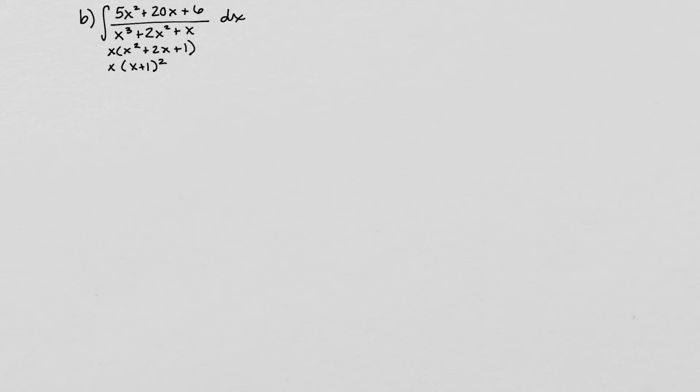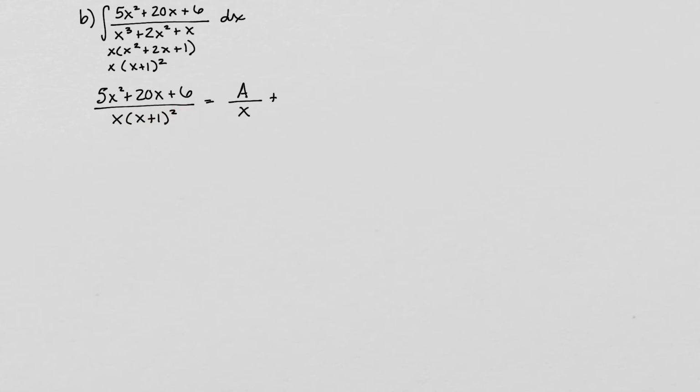And so now I can do that partial fraction decomposition, right? So we're going to have 5x squared plus 20x plus 6 divided by x times x plus 1 squared. I'm just going to write it in factored form rather than the other form. And that's going to be equal to, so I have something over x, so we'll make that an A, plus, if you look down here, I have x plus 1, but it's showing up to the second power.